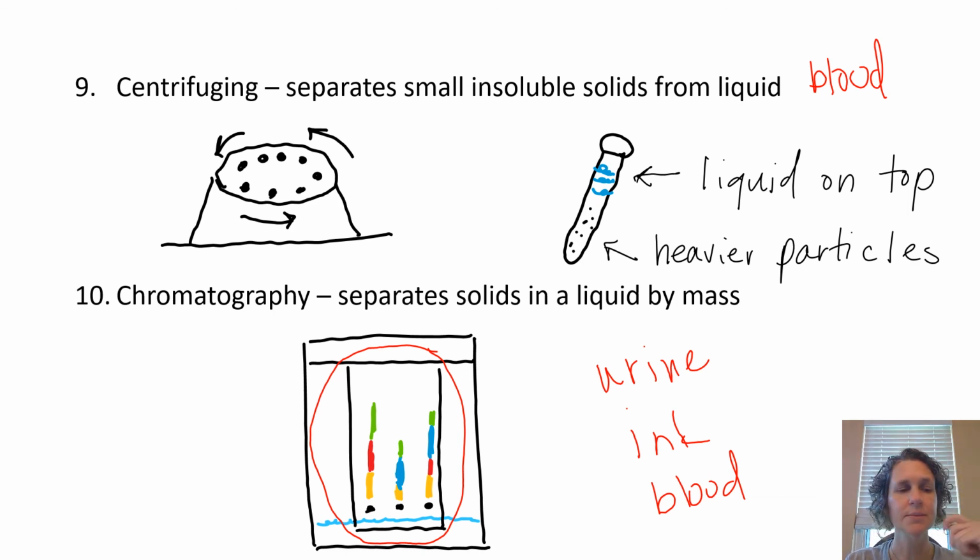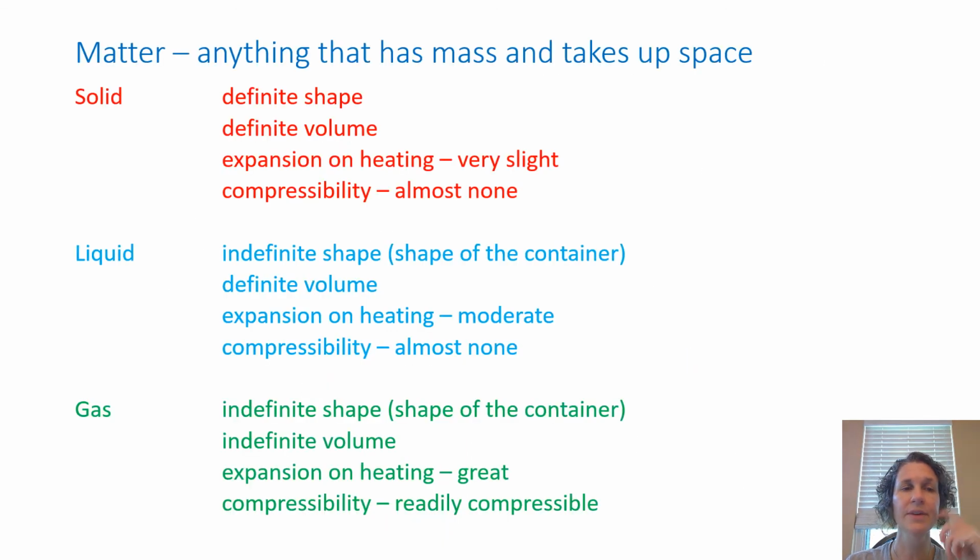Okay, now these last 3 pages are a cover for something that we're doing in class, just the different definitions of matter, some of the different characteristics of matter. I'm not going to run through them. They're very self-explanatory.